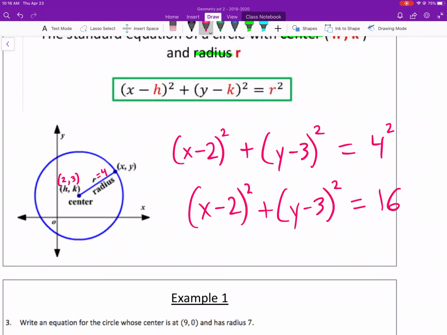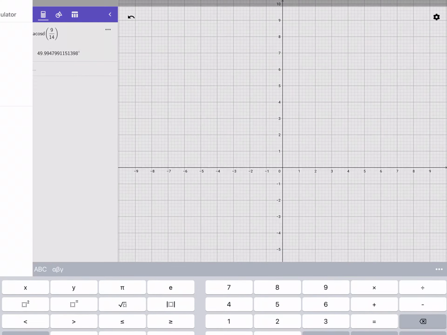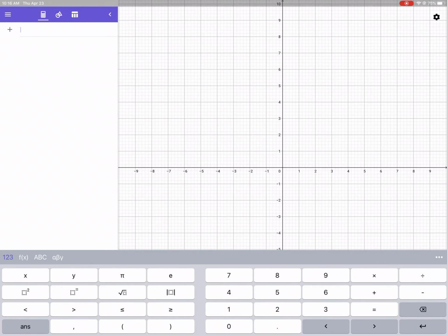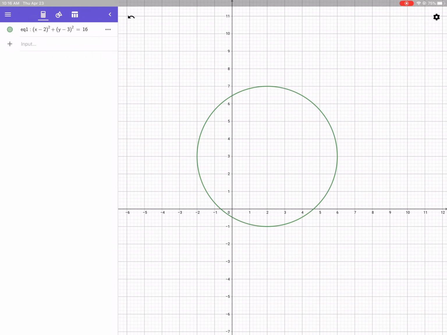All right, now I want to actually show you this in GeoGebra. If we graph this, we had x minus 2 squared plus y minus 3 squared is equal to 16. All right, you can see you got a circle.